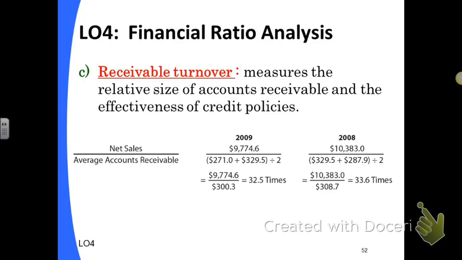This did weaken slightly again because we turned over our accounts receivable 32.5 times compared to 33.5 times. So this would be a slight weakening or use of cash for the year.